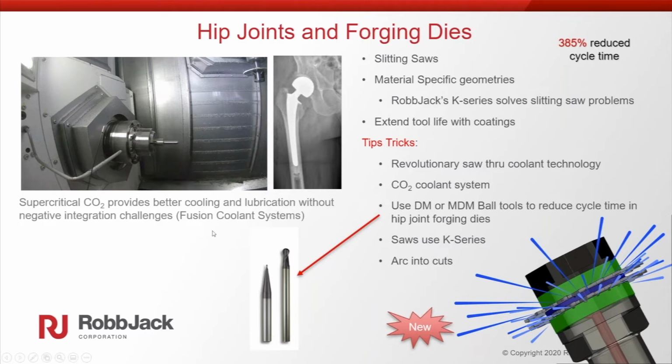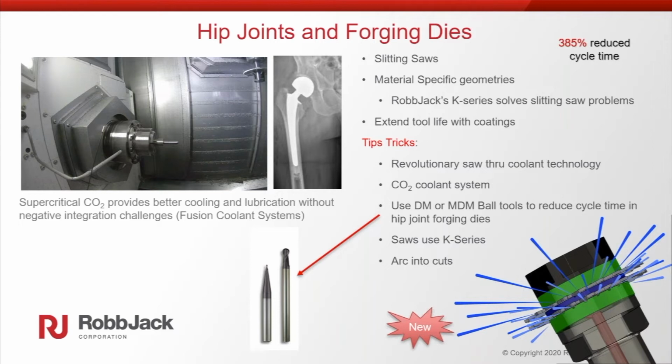This one is a titanium one, and I want to show you this video because it's kind of unique and novel in that we're using supercritical CO2 for the cooling and lubrication because they don't want contaminants and things like that, and environmental reasons.